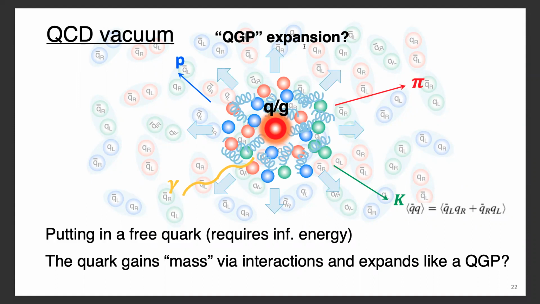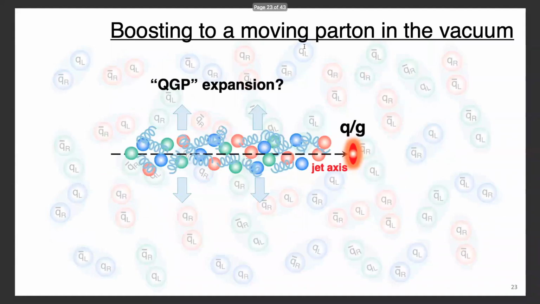How to realize such a system experimentally? Let's say this is the rest frame. Now if I boost it to a highly boosted frame, this particle is moving very fast through the vacuum. So it's like puncturing a hole through the vacuum. It would excite a lot of quarks and gluons along its passage, and these could rescatter and then expand around this axis.